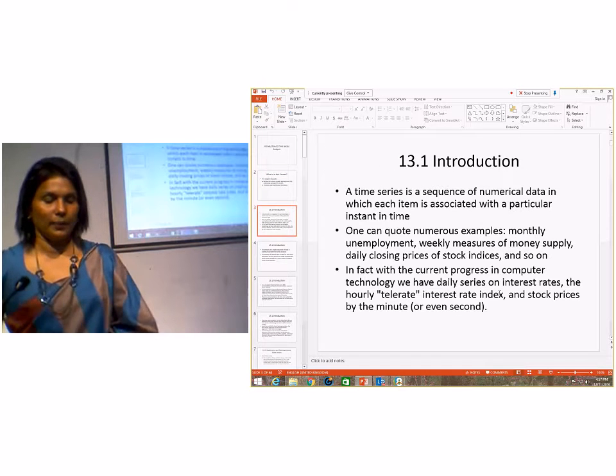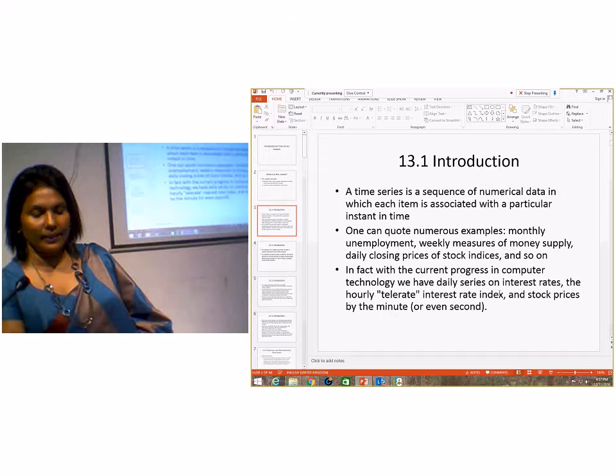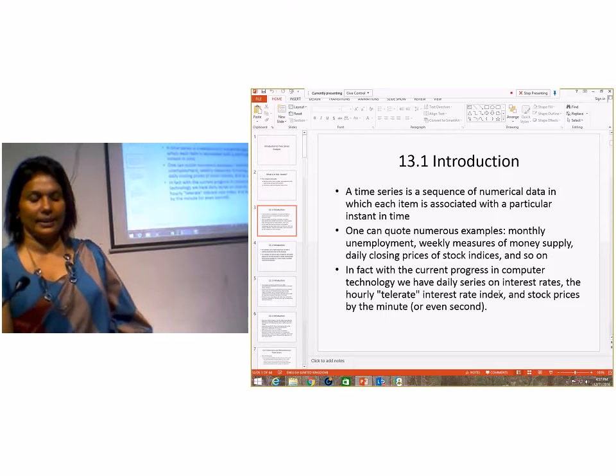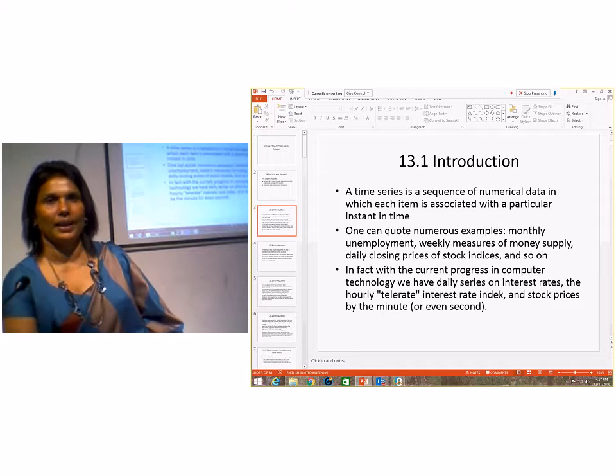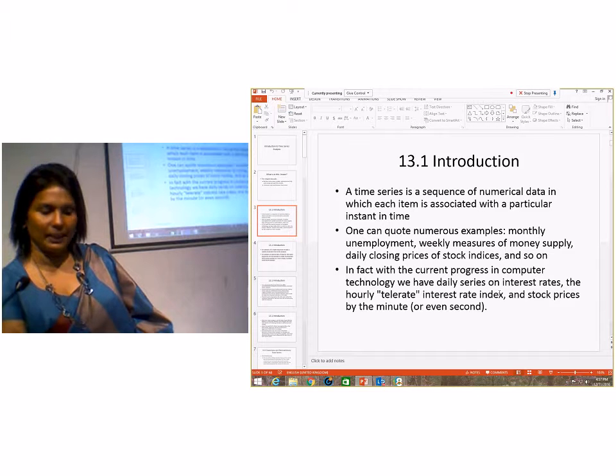Right. So time series, you know that your data series are changing with time, so we call these data time series. A time series is a sequence of numerical data in which each item is associated with a particular instant in time.